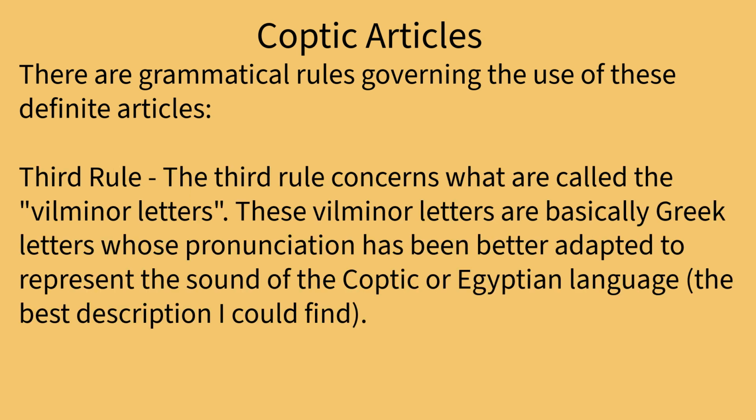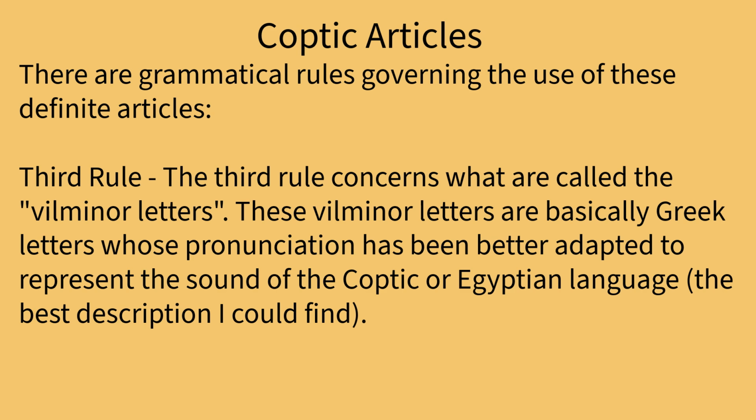The third rule governing the use of these singular definite articles in Coptic is the following. The third rule concerns what are called the vil minor letters. These vil minor letters are basically Greek letters whose pronunciation has been better adapted to represent the sound of the Coptic or Egyptian language.